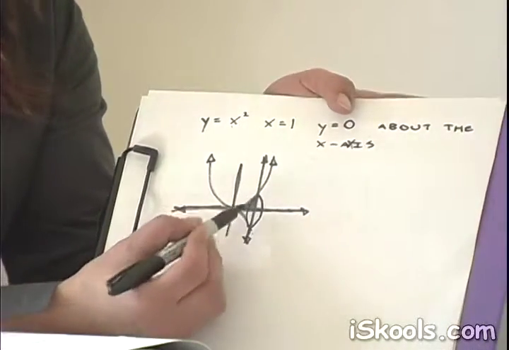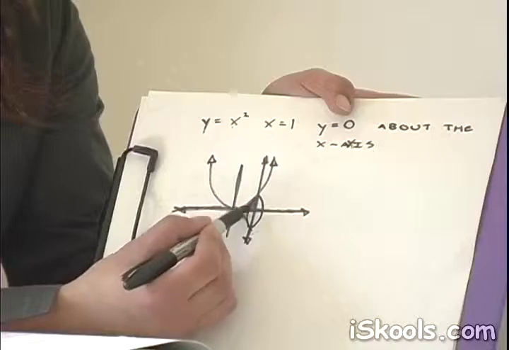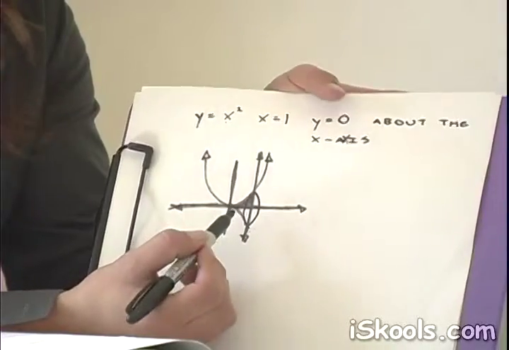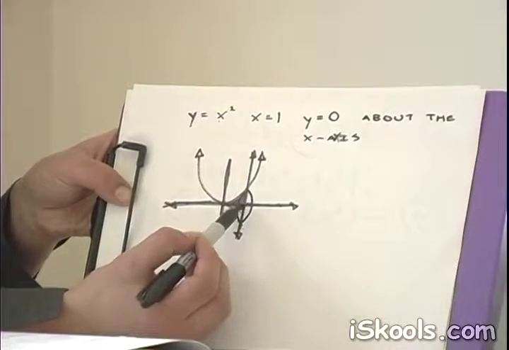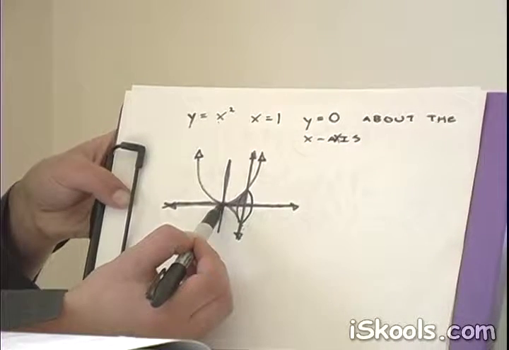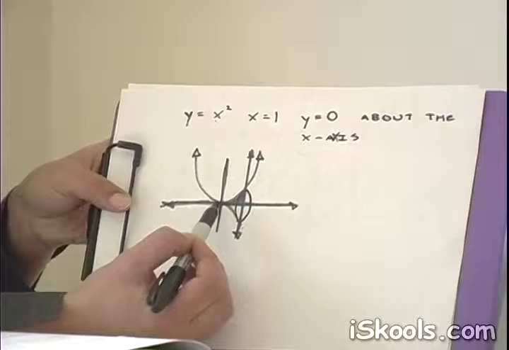So we're going to take this area here and then revolve it around the x-axis. We're going to end up realizing that this is at 1 and this is at 0, so our limits of integration will be from 0 to 1.